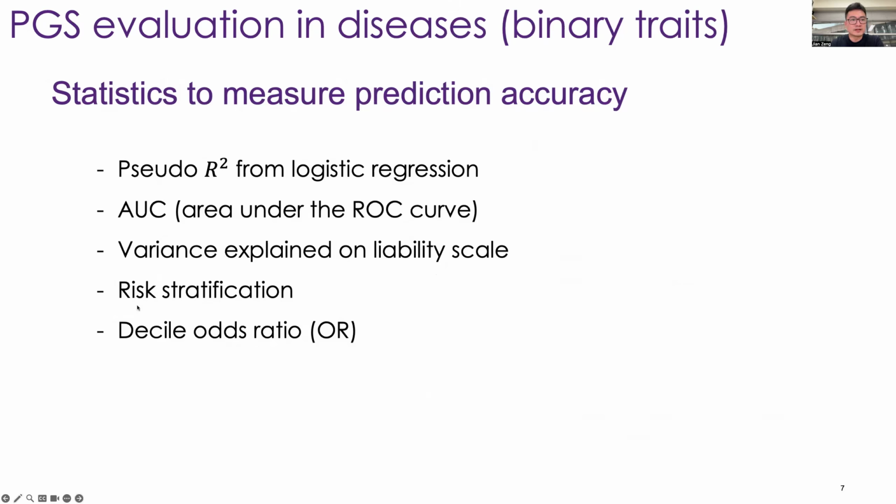You can also evaluate the performance and visualize the data using risk stratification and decile odds ratio. Different statistics capture different aspects of the prediction performance, and some statistics have more appealing properties than others.